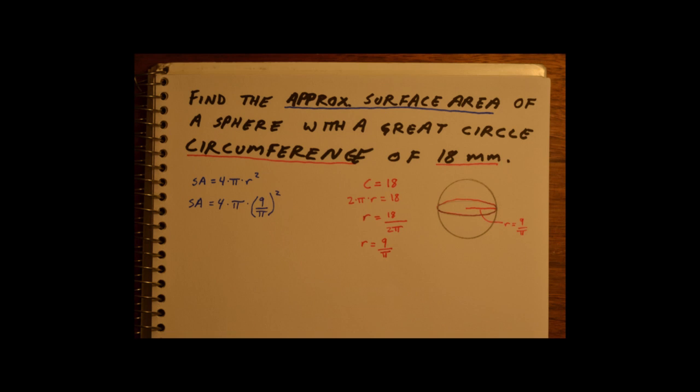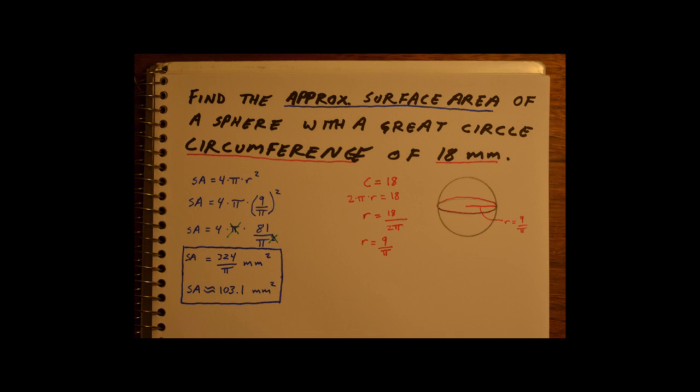We have 4 pi r squared, so 4 times pi times 9 over pi squared, which is 4 times pi times 81 over pi to the second power. And that simplifies to 324 divided by pi, which is approximately 103.1 square millimeters.